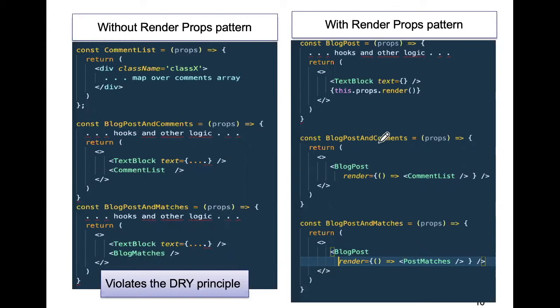So the render prop is where the consumer supplies to the shared component some JSX that it wants the shared component to display for it. Now, these two components might have some logic as well, and that logic is going to be available inside here.